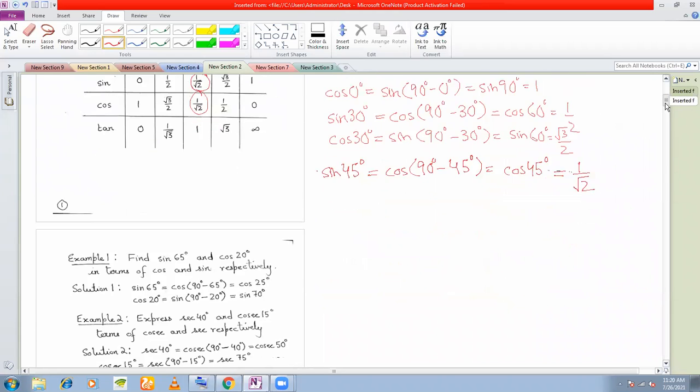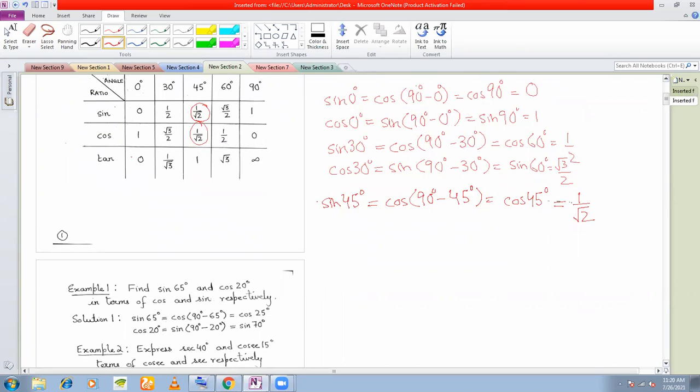And what about tan? Tan 0 is equal to 0. Very easy to remember. Tan 30 is equal to 1 by root 3. Tan 60 is equal to root 3. How do you remember tan 30 is equal to 1 by root 3? Tan 30 degree is the ratio of sine 30 and cos 30, isn't it? Quotient relation.